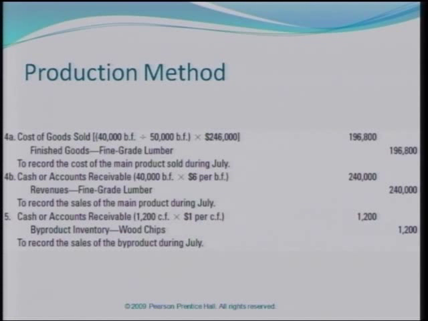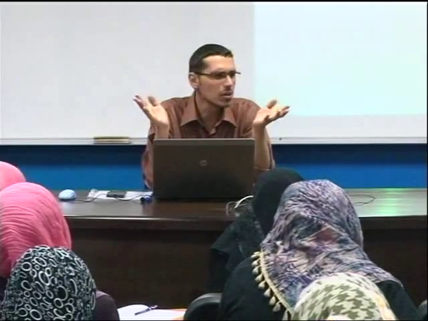Therefore, the first recognizes that we have sold, of course, 40,000 from 50,000, with the cost of goods sold by the amount of 196,800. And the second would recognize the saleable value of this sales, which is $6 multiplied by the 40,000, which is $240,000. Of course, this is normal as we took in accounting principles 1 and 2, and as we took in cost accounting 1.